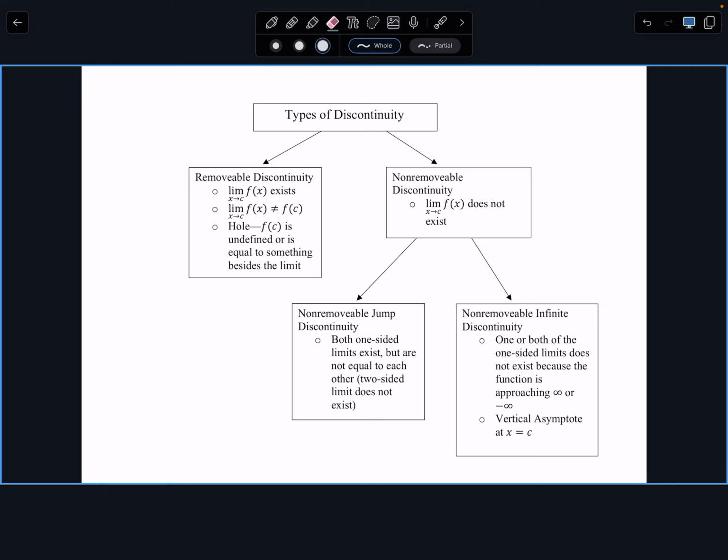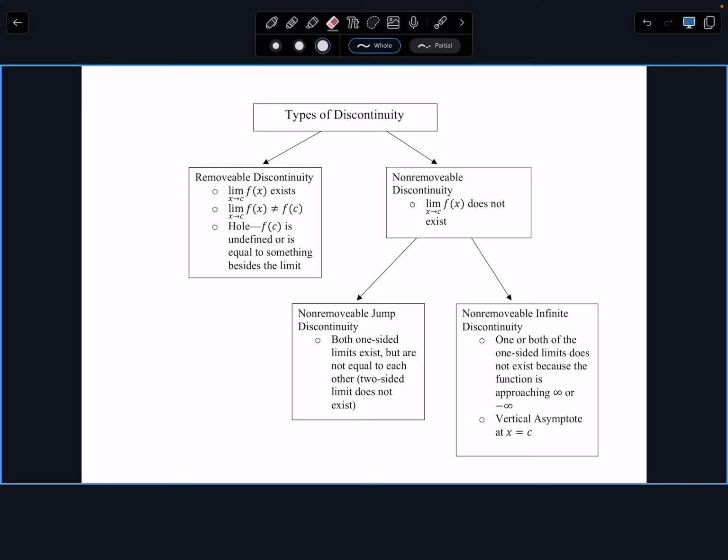If the limit does not exist, that tells us that there is a non-removable discontinuity. You will never be asked to classify the type of non-removable discontinuity, but for us in discussion, it's easy enough to understand, right? So if the limit is DNE, you're like, oh, it's a non-removable discontinuity. If it's DNE because the one-sided limits both exist, but they're not equal to each other, then it's a non-removable jump discontinuity. And we've talked about that.